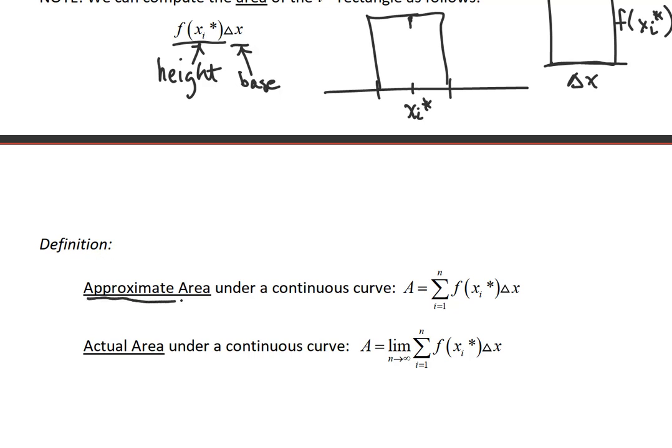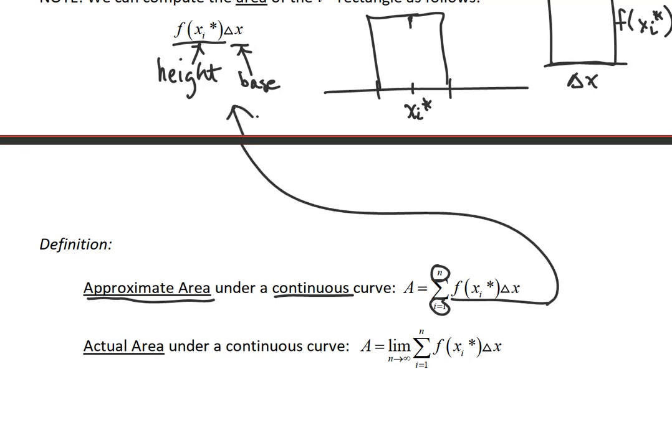Now, to use some other more familiar math notation, we can summarize our definition as follows. The approximate area under a continuous curve, it has to be continuous, can be defined as A, for area, equals, and now we're using the sigma notation, remember that means a sum, from i equals 1 to n of f of x sub i star times delta x. Wait a minute, we just saw that. That's how we defined the area of one of these rectangles.